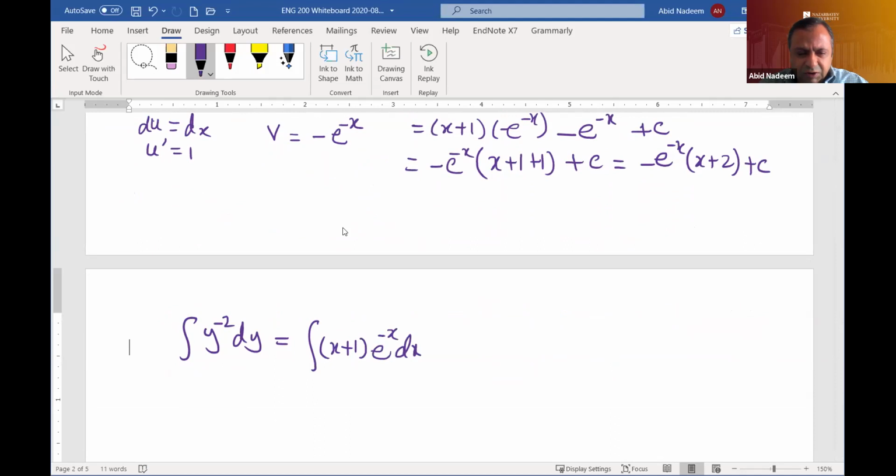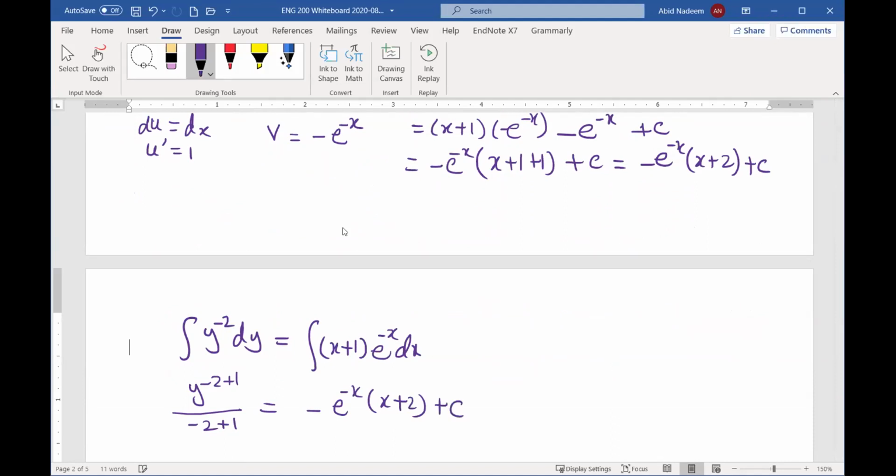So now we can take the integral of this. It will be y power minus 2 plus 1 over minus 2 plus 1 is equal to, for this integral we have already found, minus e power minus x into x plus 2 plus c. Sorry, isn't it e to the power of minus x times x?